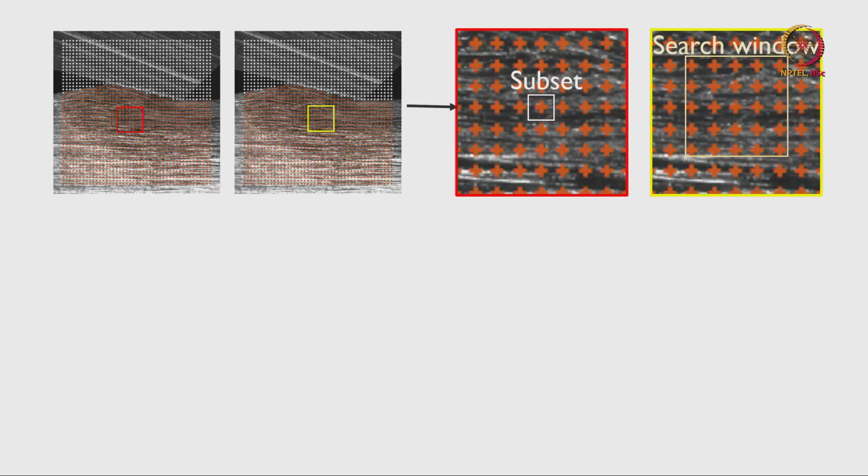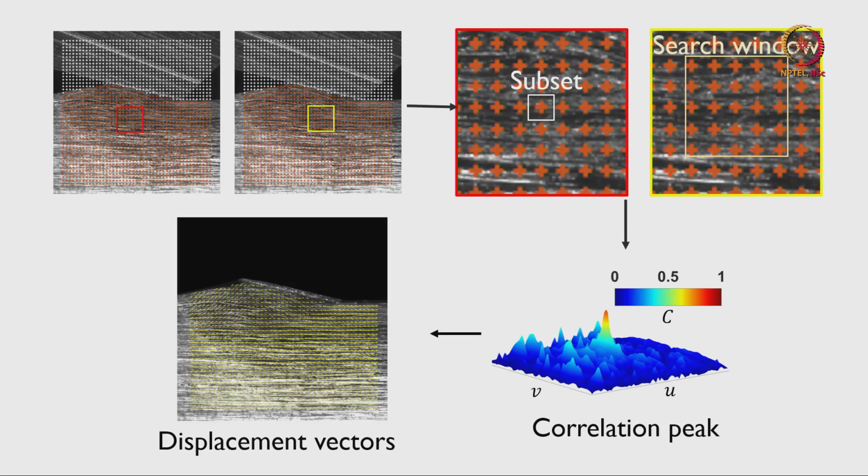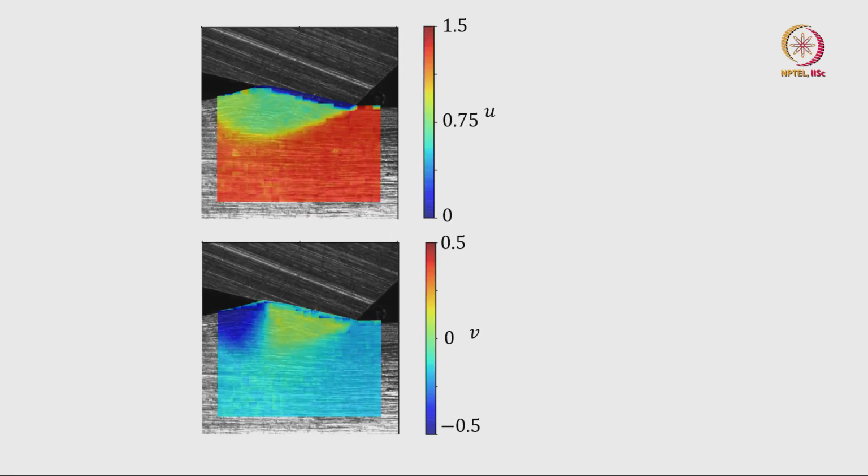This will help us understand the meaning of the various parameters we will see in this implementation. Once we have this search grid set up, we iteratively search for correlation peaks or valleys, depending on the definition we are using, and then get the final deformation fields. In this process there were some issues that we briefly mentioned last time.